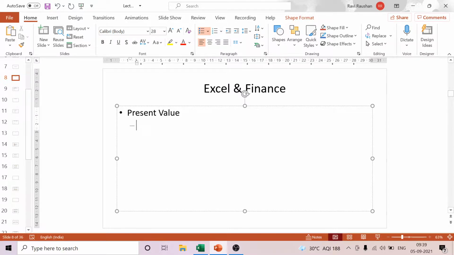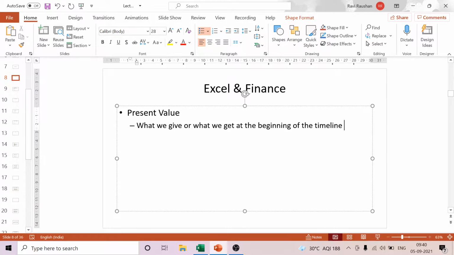So present value is normally at the beginning of this particular project, or the annuity, what we give or what we get at the beginning of the whole timeline that I am talking about. You can talk about the annuity, whole investment or whole loan period that we are talking.